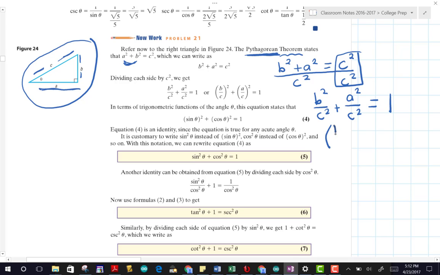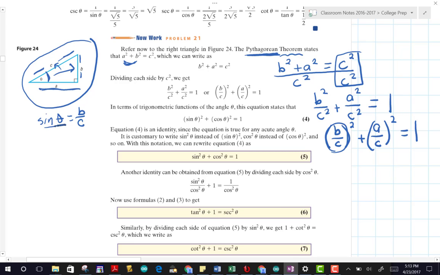Okay, so now let's think about this B over C. And let's go back over here and look at our angle, right? B is the opposite and C is the hypotenuse. So the sine of theta is equal to B over C. So I'm going to do a replacement. I'm going to come back over here, and where I have B over C, I'm going to put the sine of theta.